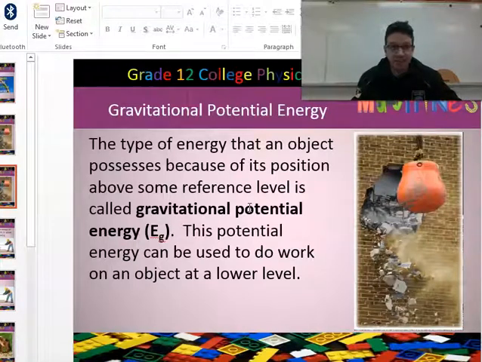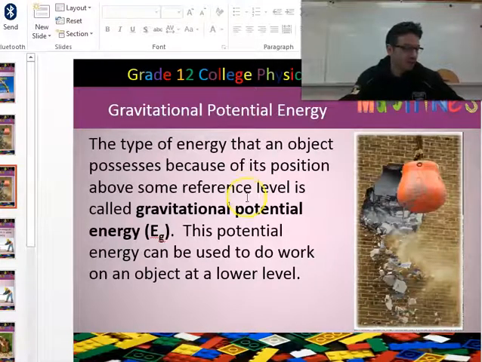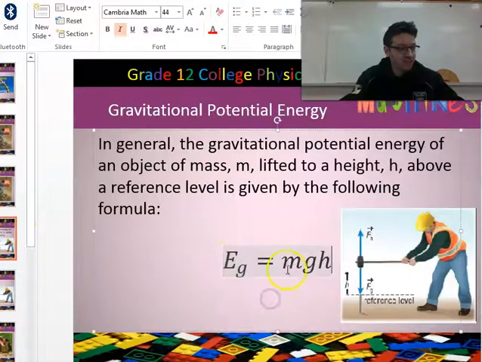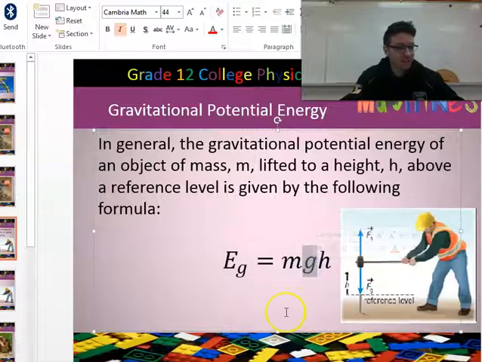The floor, the table, sea level, the center of the earth. Like what is it in reference to exactly? And so we always need some sort of reference level when we're talking about gravitational potential energy. Once you have your reference level, the equation that you're going to use to calculate gravitational potential energy is the object's mass that you raise times the gravitational field that it's in, and for us on Earth, 9.8, multiplied by the height you raise it above that reference level, h, in meters.